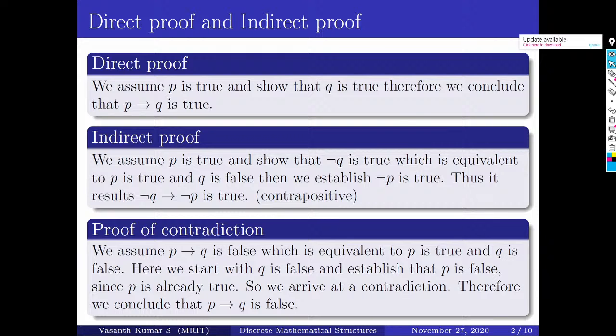Why are we saying P is already true? Since we are assuming that P implies Q is false, P must be true and Q false. So P is already true here, and we arrive at a contradiction. Therefore, we conclude that P implies Q is true. Did you get the concept of proof by contradiction?